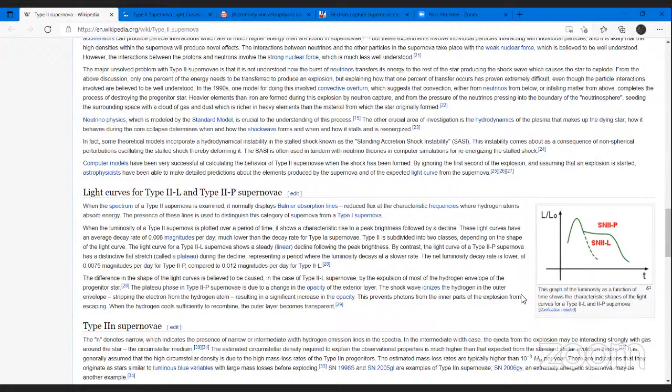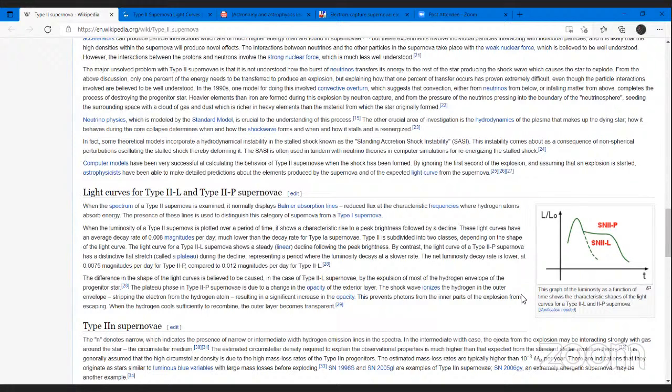So Balmer series, you know, right? These absorption lines occur from higher energy levels to the principal quantum number n equal to 2. The presence of these hydrogen lines actually distinguishes a type 1 supernova from a type 2 supernova, as discussed yesterday.